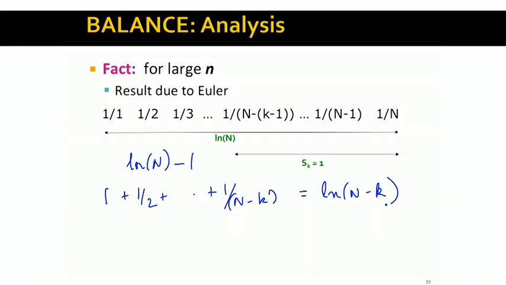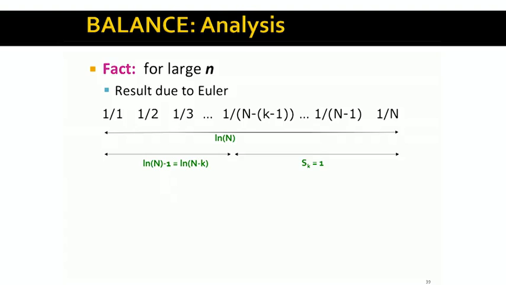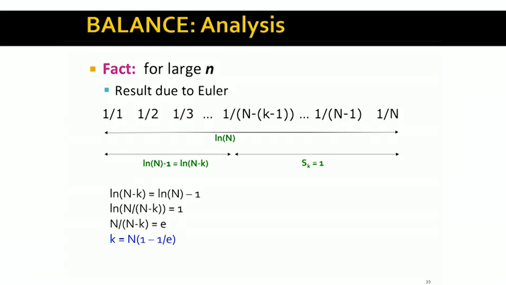So there are two ways to write the sum of the first n minus k terms of the series: as ln of n minus k and as ln n minus 1. And so it must be the case that ln n minus 1 is equal to ln of n minus k. When I solve that for k, that gives me n divided by n minus k is equal to e, or k is equal to n times 1 minus 1 over e.